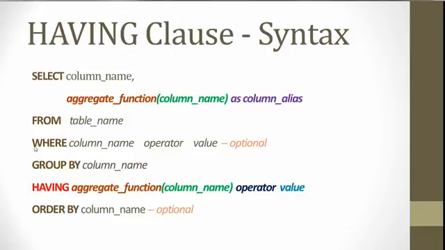See, pretty much very similar to the where, which has a column, operator and value. Here additionally you can use an aggregate function on the column, operator and value. Lastly, if you have an order by, you would be including it after the having clause. So this is pretty much the whole syntax for the group by and having. Let's run some queries so things will become more clear to us.